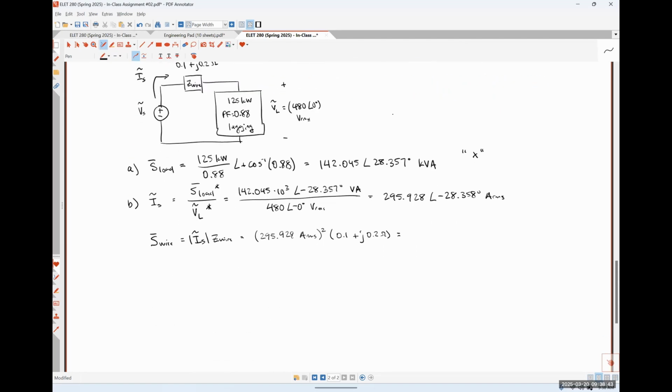Okay, so I want the magnitude of what I have stored in my calculator as Y squared multiplied by 0.1 plus 0.2 I. And I got 19.582 with an angle of 63.435 degrees kilovolt amperes. And I'm going to store that as Z.